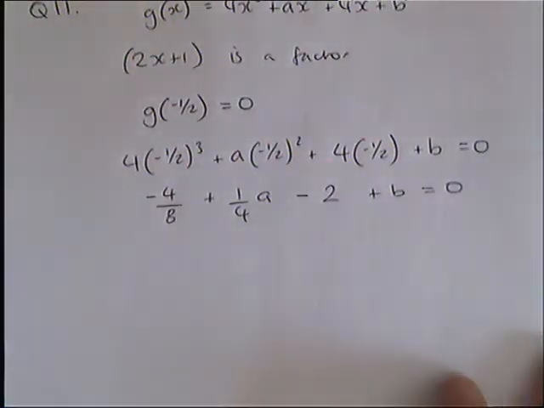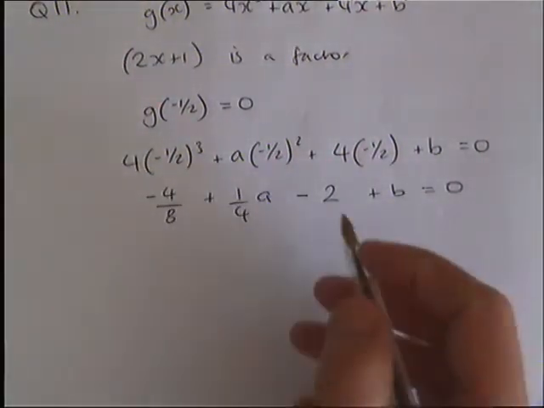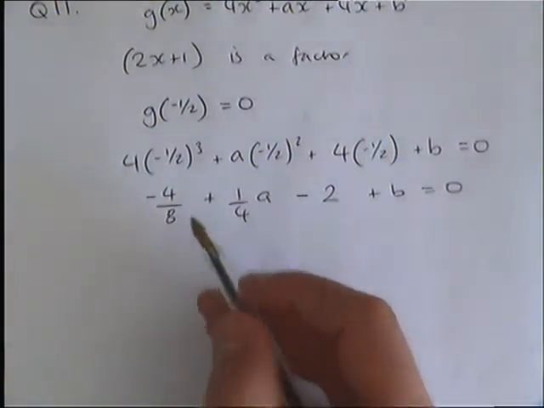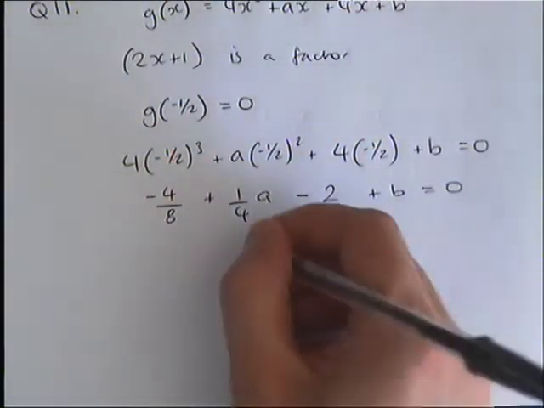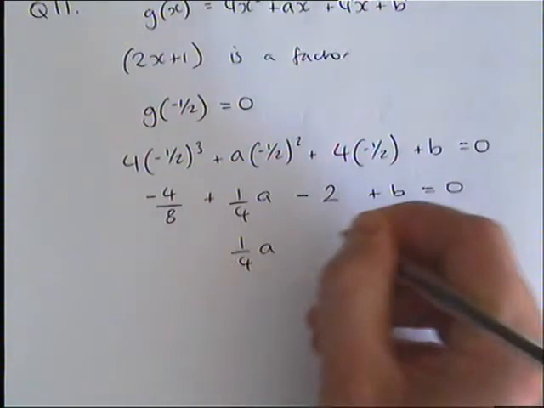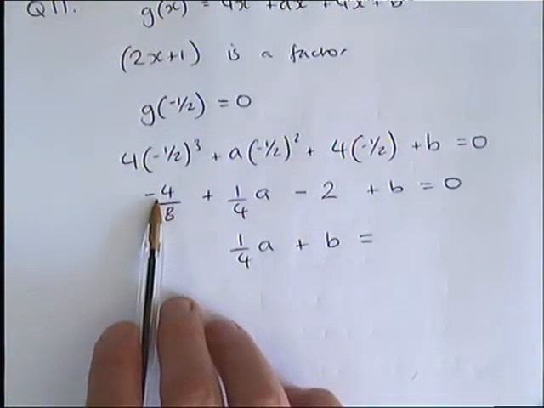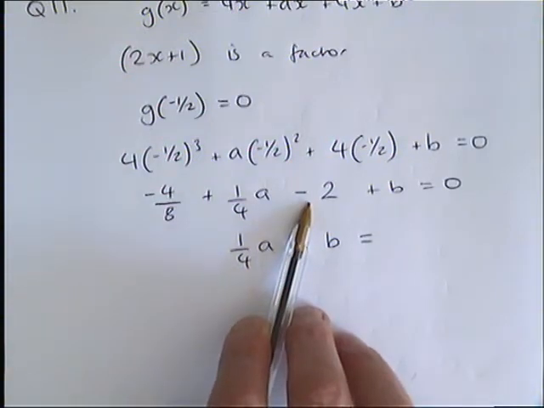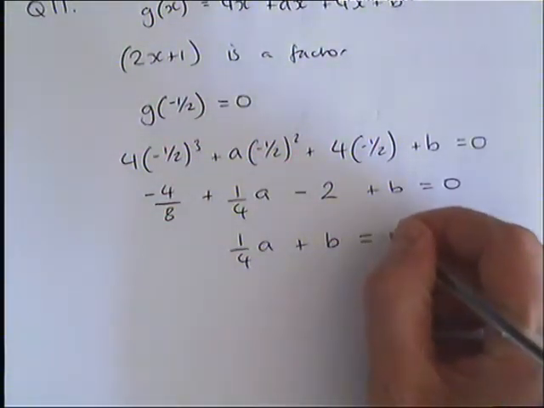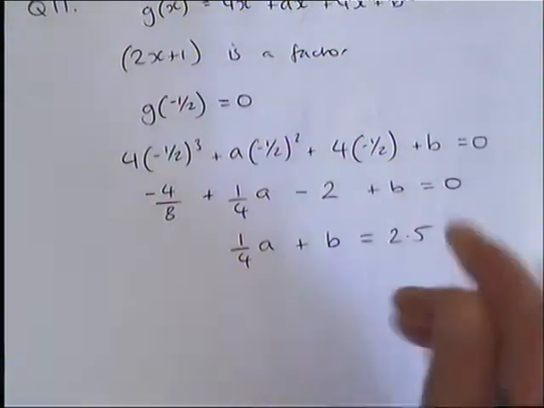If I simplify this a little bit, 1/4 a plus b equals minus a half and minus 2, so minus 2.5. So 2.5 on that side.